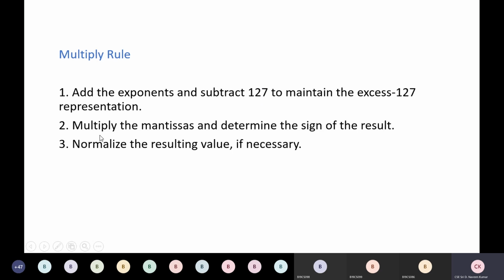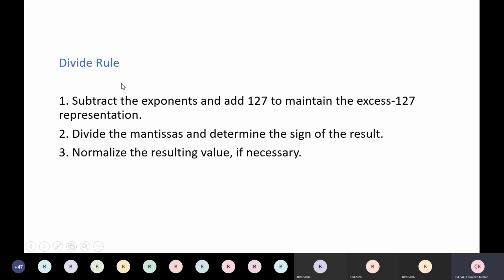Okay, and finally we multiply the mantissas of both the numbers, and next is determine the sign of that result. For the multiplication process, it is the same as we had seen in our previous topics, multiplication of binary numbers, and finally we normalize as per 1.m format. These are the rules for multiply.